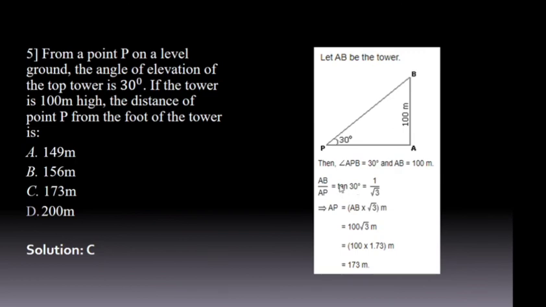So tan of 30 degree will be opposite side AB upon adjacent side AP. Tan of 30 from the table is 1/√3. So just simplify this. You will get the answer as 173 meters. Okay. So this is the correct option. So this was a very simple problem.